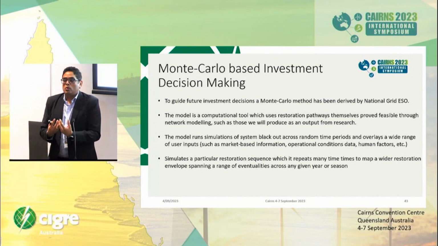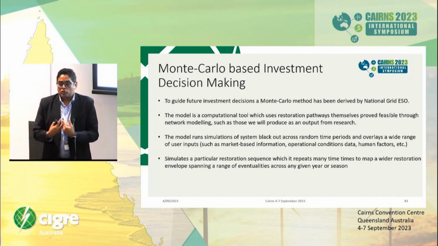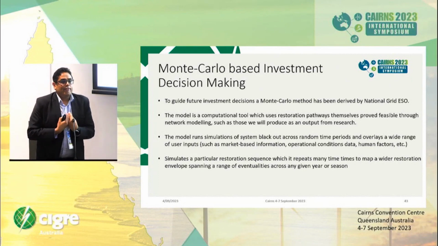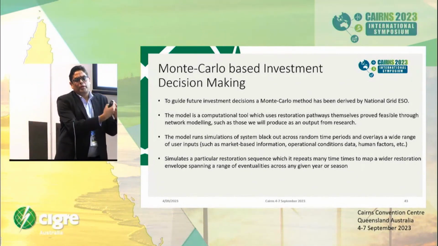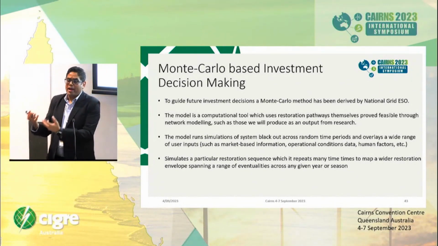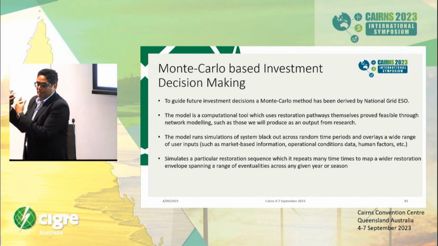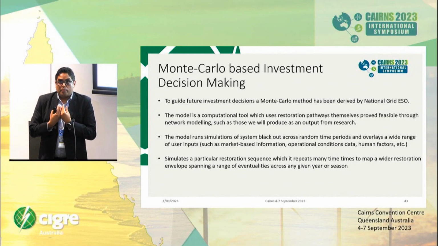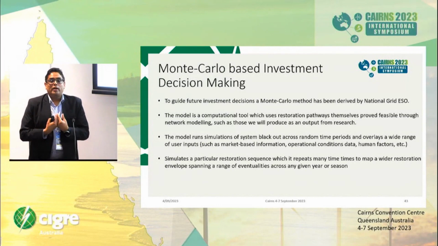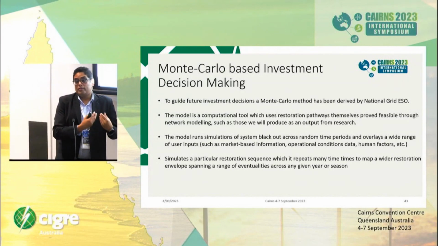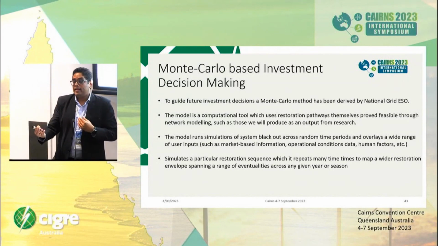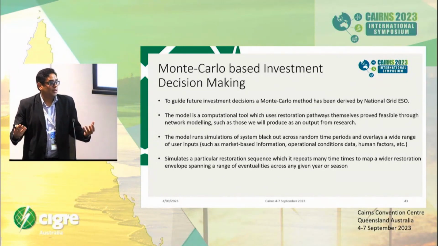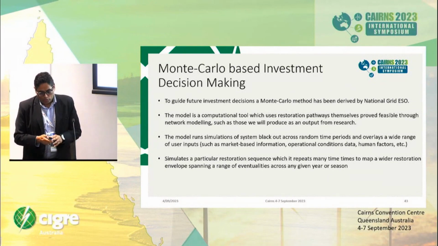If I have a restoration path and run it through different operational conditions, scenarios, dispatch, human factors, weather forecasts, what is the probability of that path not being viable? If there is a very high risk of that path failing, I can make investment decisions to reinforce it and make sure those paths are viable. That's one of the planning tools.